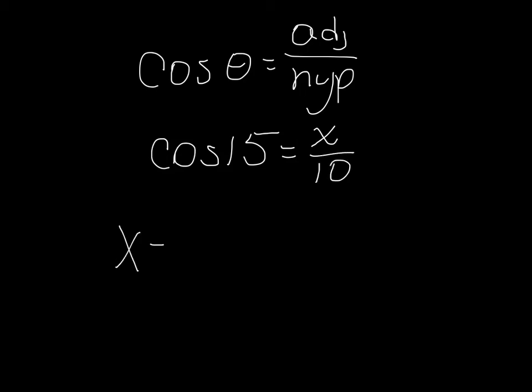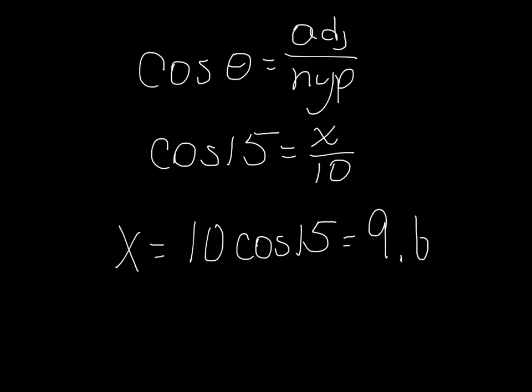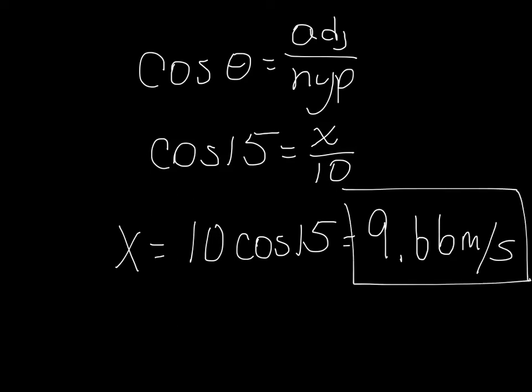So x is equal to 10 cosine of 15, which is 9.66 meters per second. So now we have the x component and the y component.